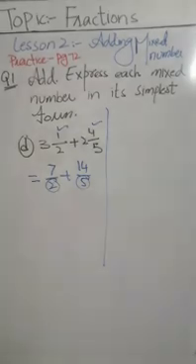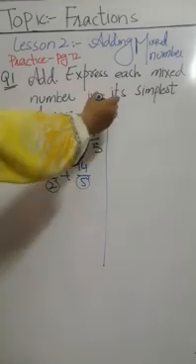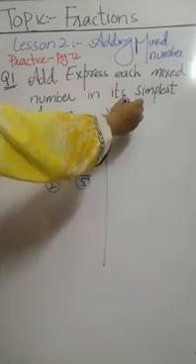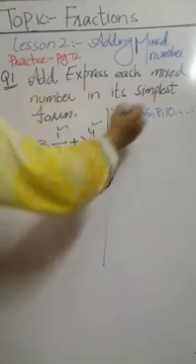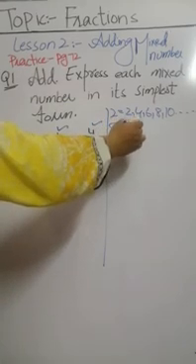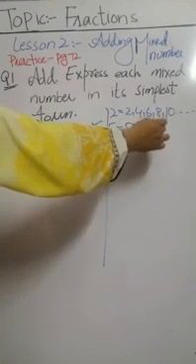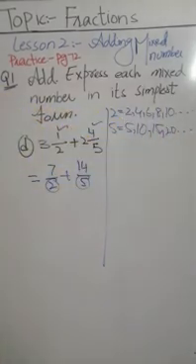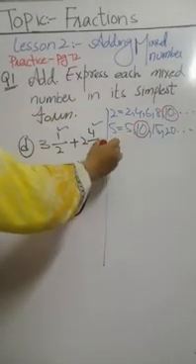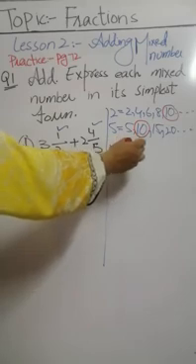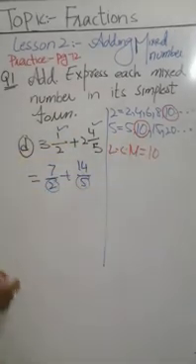We can do this by taking the LCM or by taking multiples. Now we take the same number, that is 10. So the least common multiple is 10.